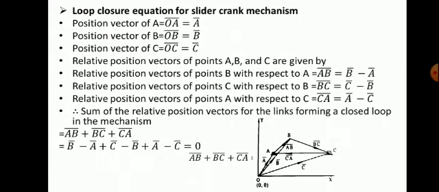Relative position vectors of points A, B and C are given by: relative position vector of B with respect to A is AB, which is B minus A. Relative position vector of C with respect to B is BC, which is C minus B. Relative position vector of A with respect to C is CA, which is A minus C. First you have to find the position vectors A, B and C, OA, OB, OC.